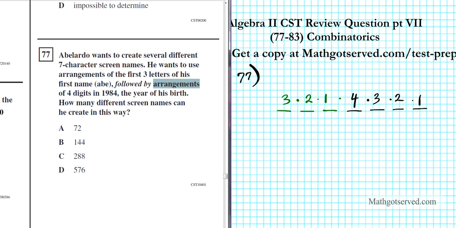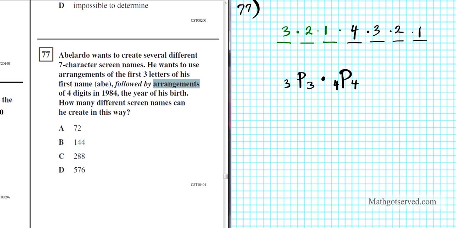I have out of 3, I am selecting 3, so 3P3 times, for the next one, out of 4, I'm arranging 4 elements, okay? And then the formula for permutation, let me put that on the side here. The formula for permutation, nPr, is basically n factorial over n minus r factorial, okay?